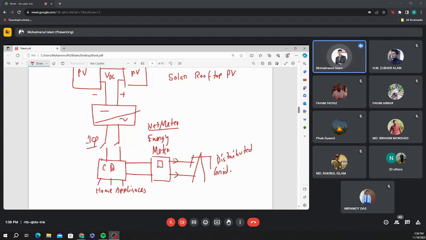That means you require a 3-phase AC converter, so the inverter should be 3-phase. And then you get the 3-phase output. You need to connect it with the node, and with that node, you need some step-up transformer. Then after stepping up the voltage, you can connect it to the grid, okay? So you need another layer of additional components. You understand?